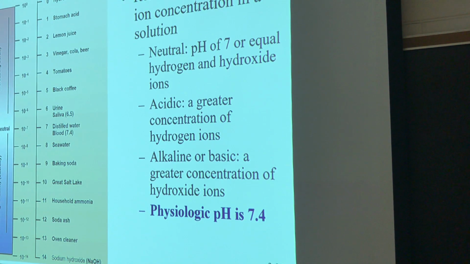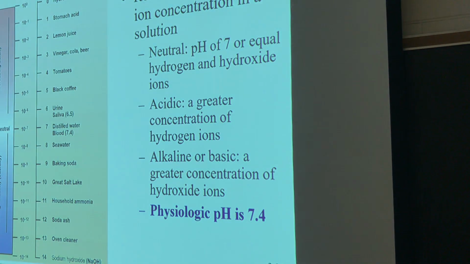Now, log sounds scary. All log is just the number of zeros we have. What's the log of 1? How many zeros? None. 0. What's the log of 10? How many zeros? 1. The log of 100? 2. See how that goes? Log of 1,000? 3. Just count the zeros. Now, what is the log of 0.1? Now we go into negative numbers. Negative 1.